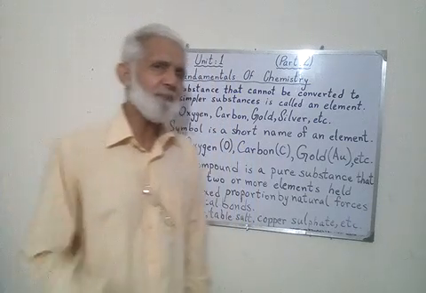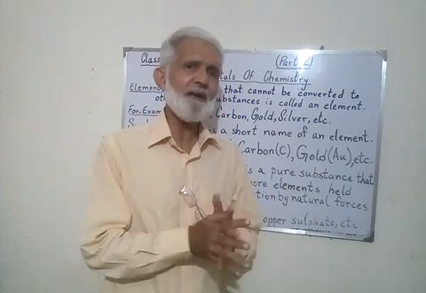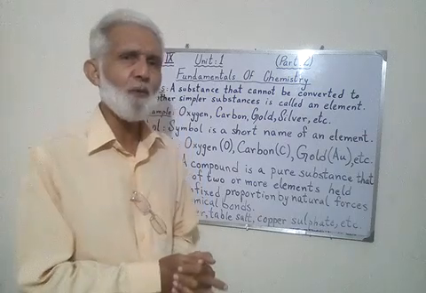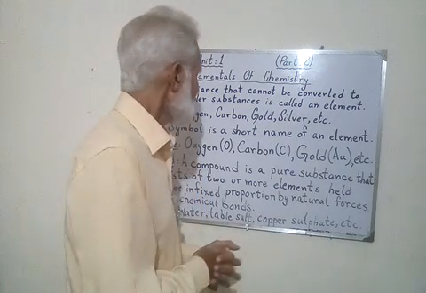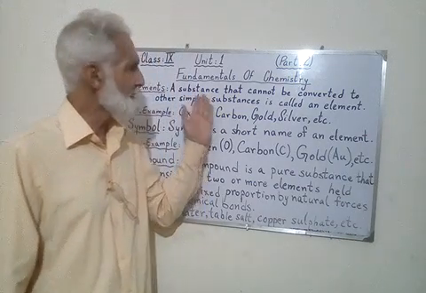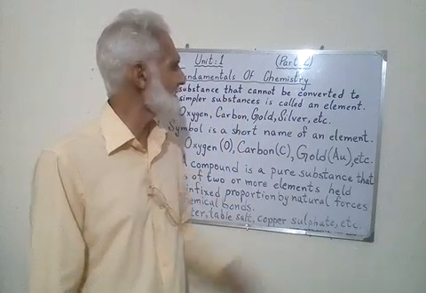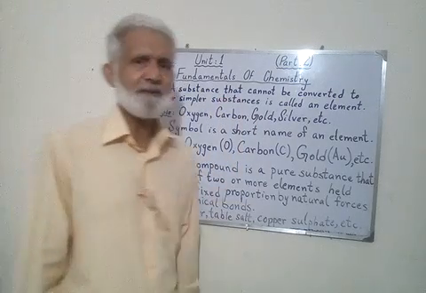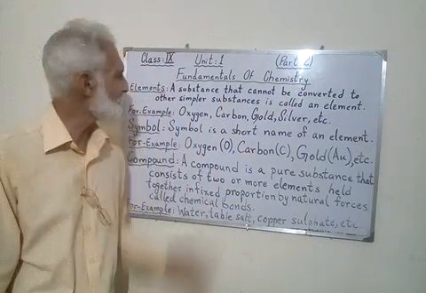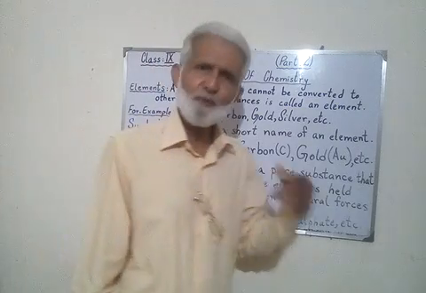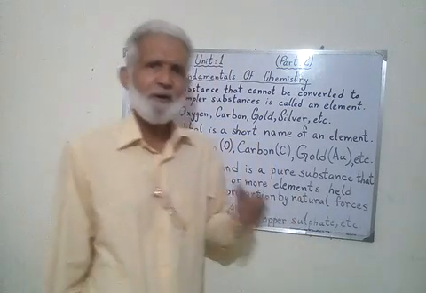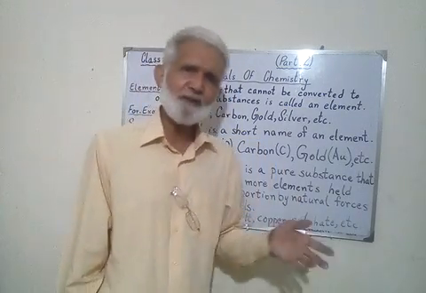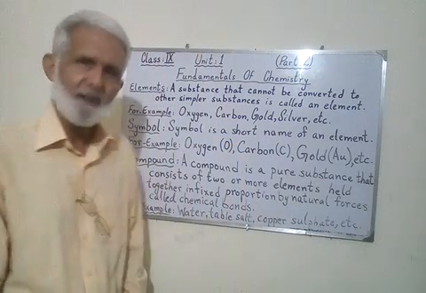If you break them down, they still remain as they are. Gold will remain gold, silver will remain silver. For example, oxygen, hydrogen, nitrogen, sulfur, uranium, zinc, potassium, phosphorus, these are all elements.